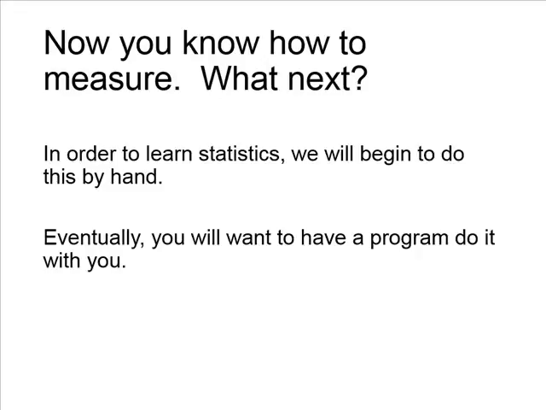The sum of xi minus x bar, parentheses, times y minus y bar, over. That takes a lot of work by hand. You're going to want to let the computer do it. What's the other advantage of letting the computer do your calculations for you? Won't screw up. You won't screw up, and it saves it for you. Okay? So what we're going to talk about today are the options out there that will be available to you to do this work in the future once I've actually taught you how to do something.